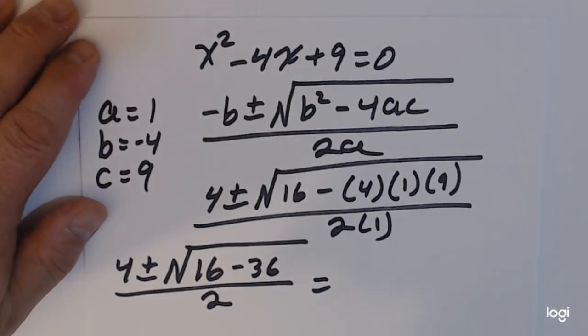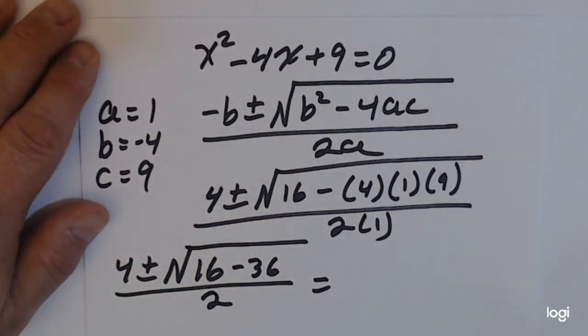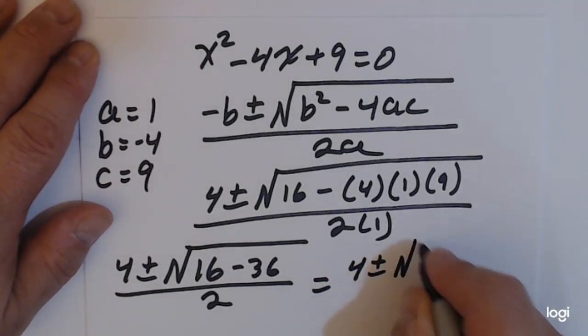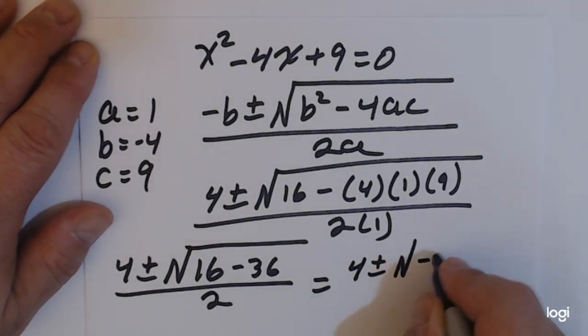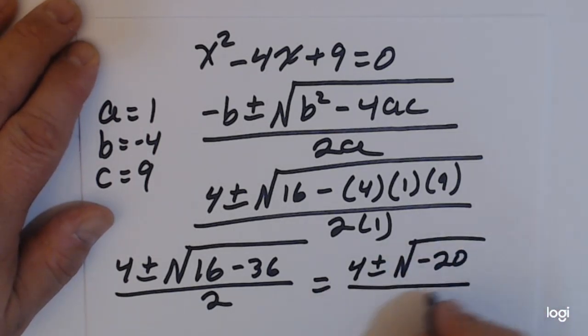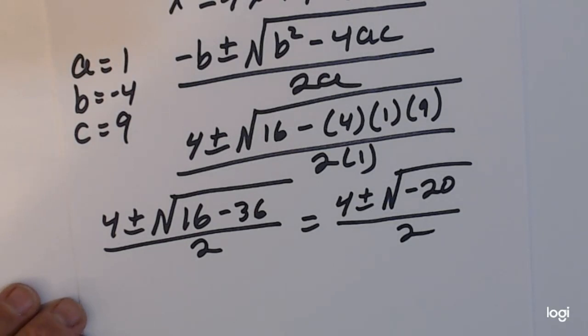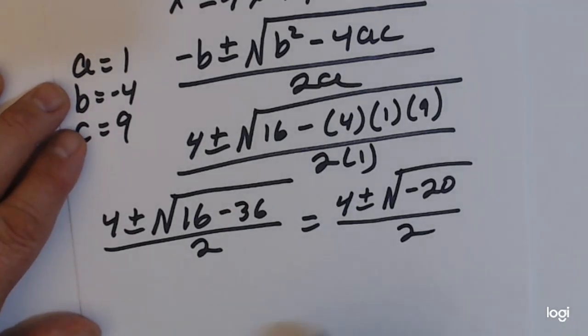In fact, we're going to be negative 20 under there. So we have 4 plus or minus the square root of negative 20 all over 2. Well, this poses a little problem, but we'll deal with it.